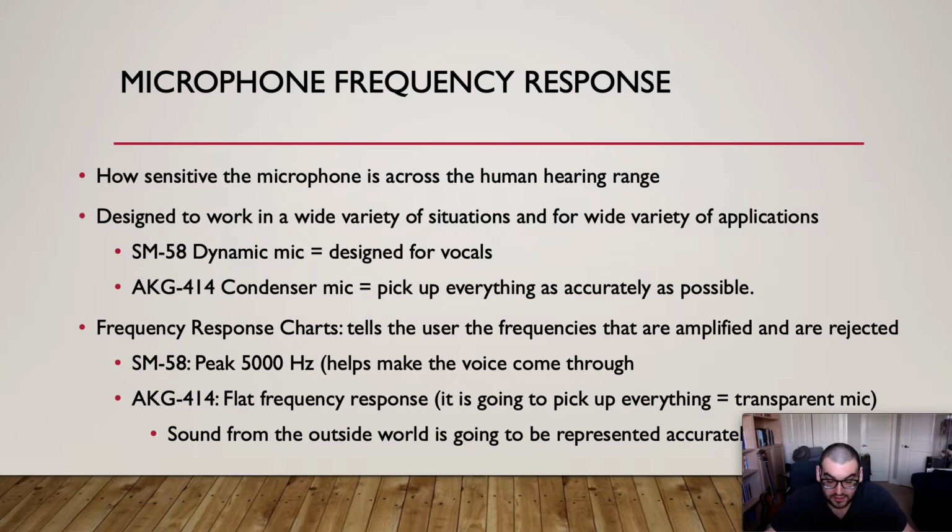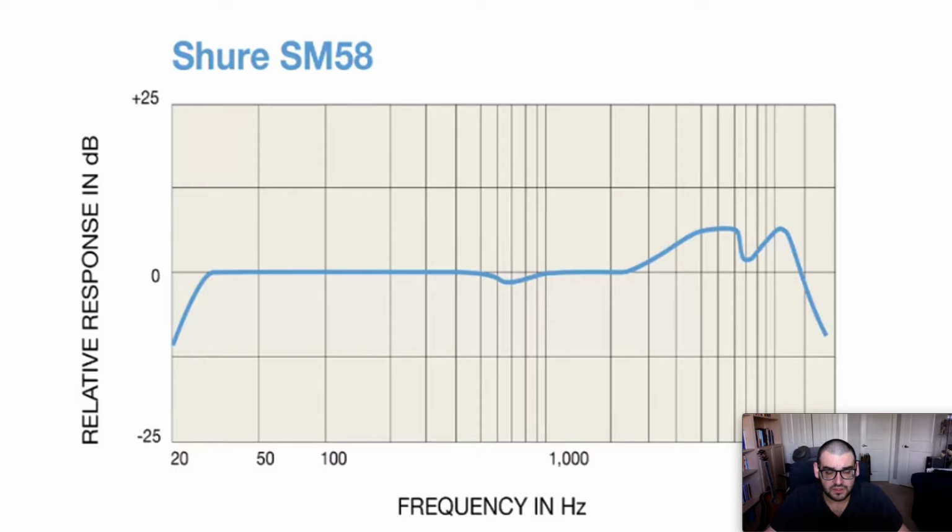Let's take a look at the frequency response charts of these microphones. So here we have the frequency response chart of the Shure SM58. Remember, the Shure SM58 is a dynamic microphone. We have lots of them at school. These are your typical stage vocal microphones. We can see with the SM58, if we look at the frequency response curve, it has a peak of around 5,000 Hertz, which helps the voice come through well.